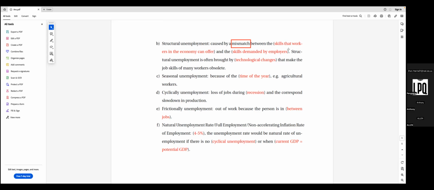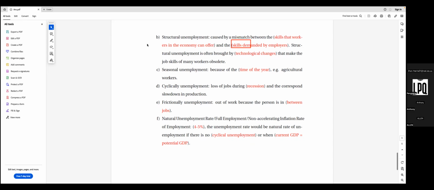You need to re-educate them, and education is a time-consuming process. You need to teach them some extra working skills to find another job. So the whole process is time consuming, and we can see structural unemployment is the most difficult type of unemployment to deal with.